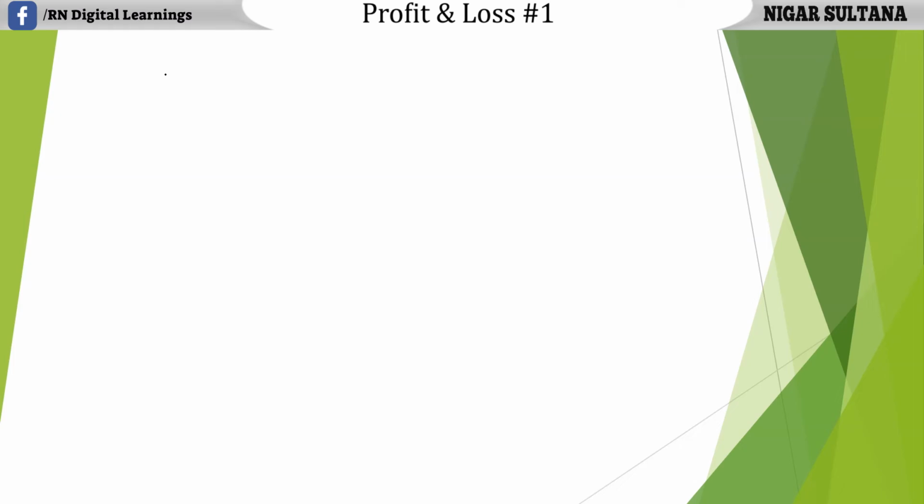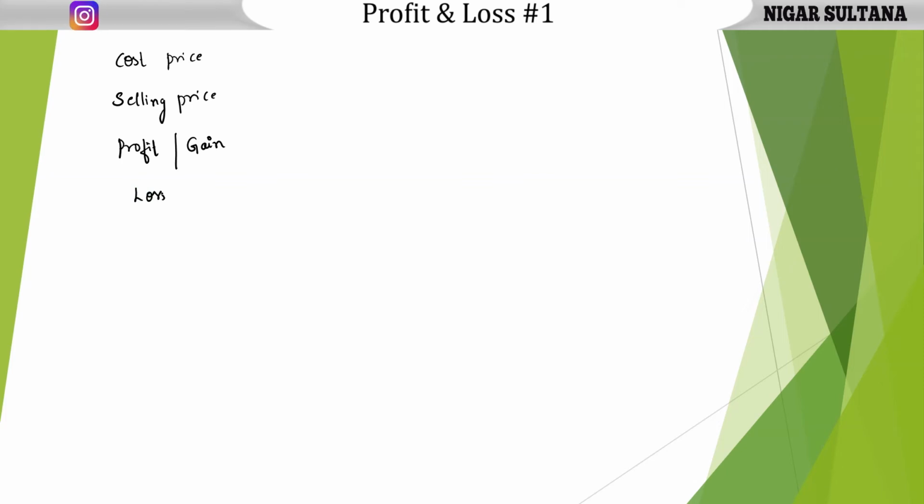The terms are: cost price, selling price, profit, which is also called gain, and then we have one more term called loss.